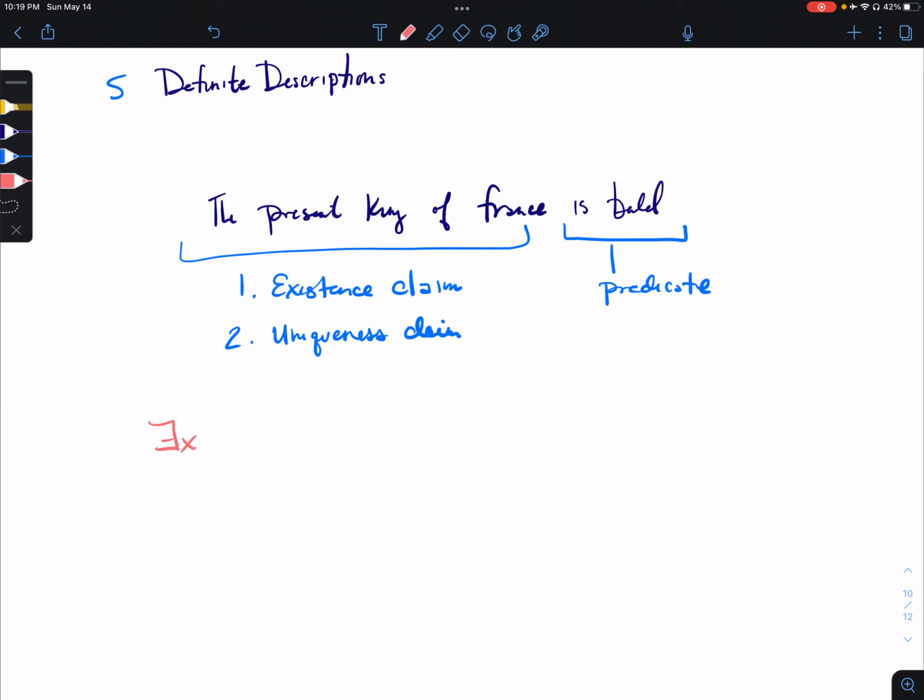There exists an X such that X is the present King of France, and for all Y, if Y is a present King of France, then Y just is X. And X is bald.